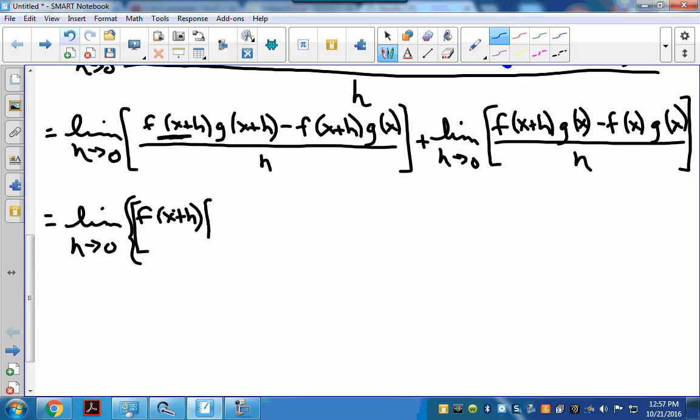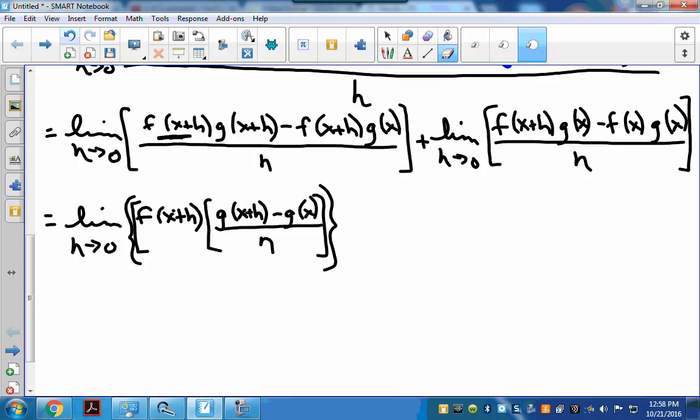And I have g of x plus h minus g of x over h. Okay. Is that the way I want to write that? That looks a little awkward. I guess I don't need these braces here. Just trying to make the notation look reasonable.